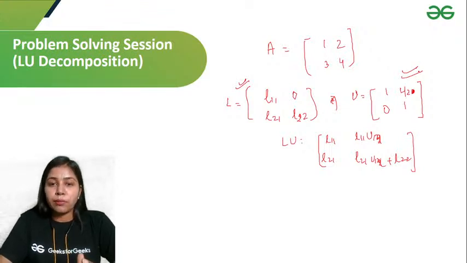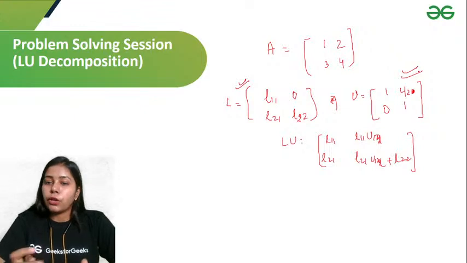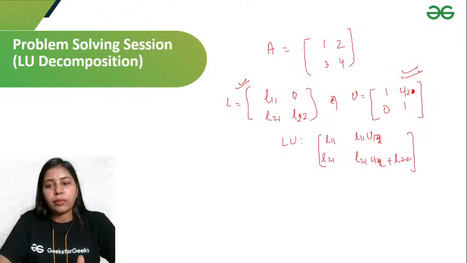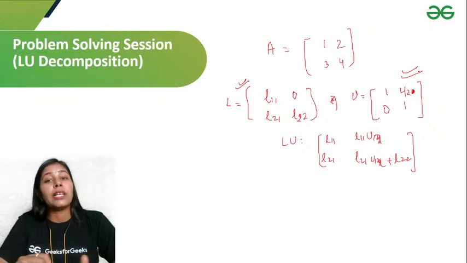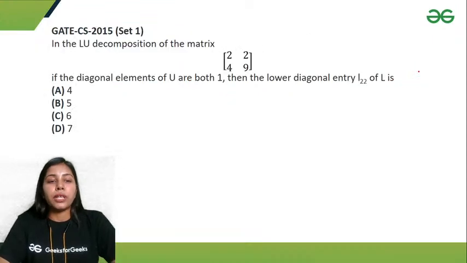So in the later slides we'll discuss another method in detail for finding LU decomposition of a 3 cross 3 matrix. For a 2 cross 2 matrix we need only 4 variables, so it's up to you which method you use. First, let's solve some questions based on this method.